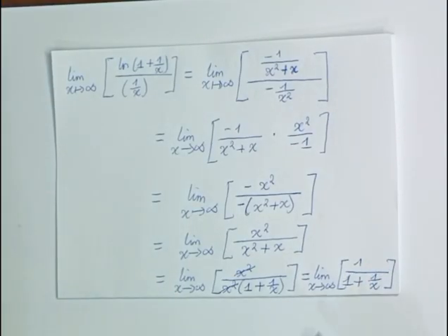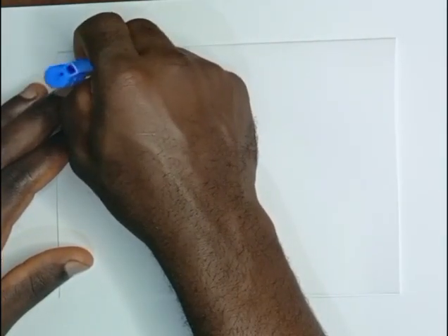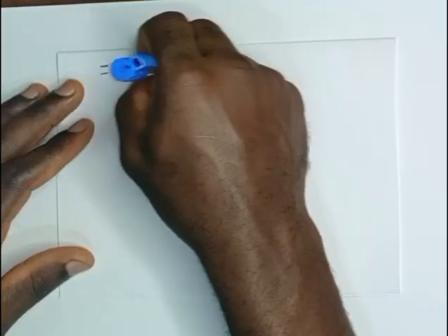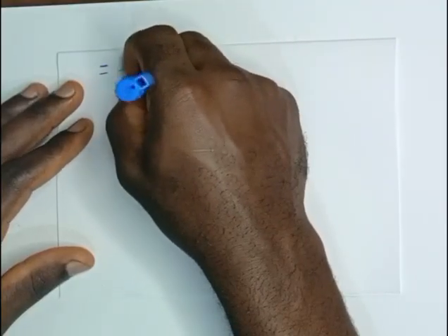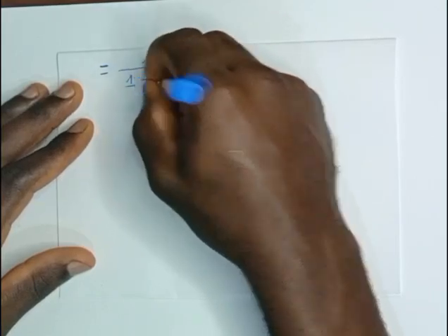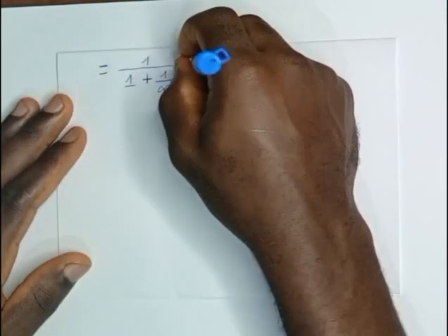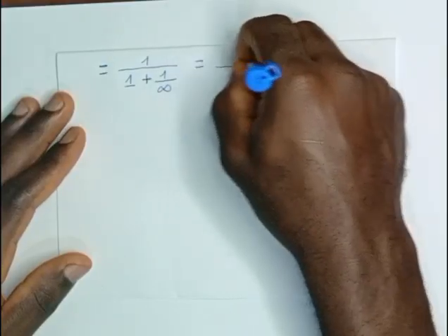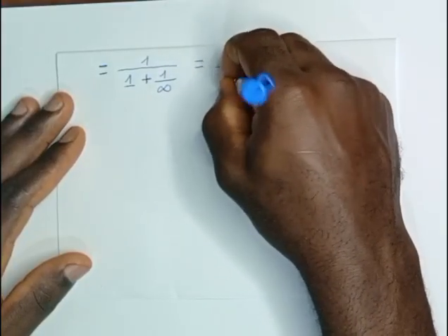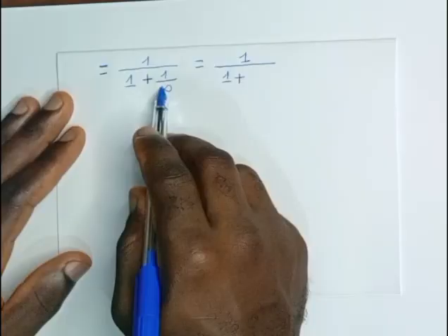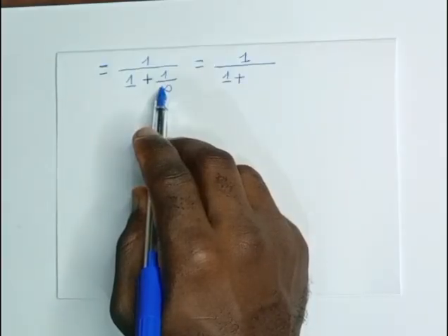At this level, we are going to replace x with infinity. Replacing x with infinity, the limit will simply be equal to 1 all over 1 plus 1 all over infinity. 1 all over infinity gives us 0. That means we are dividing 1 by a very large number.